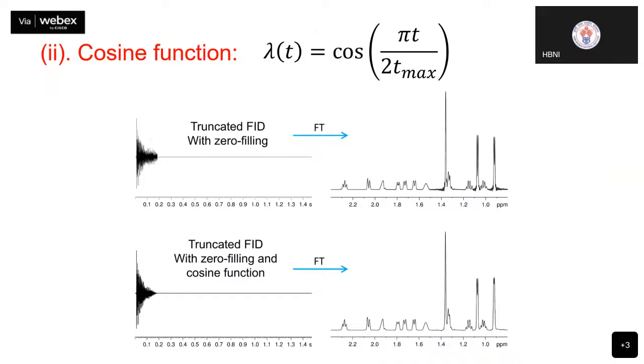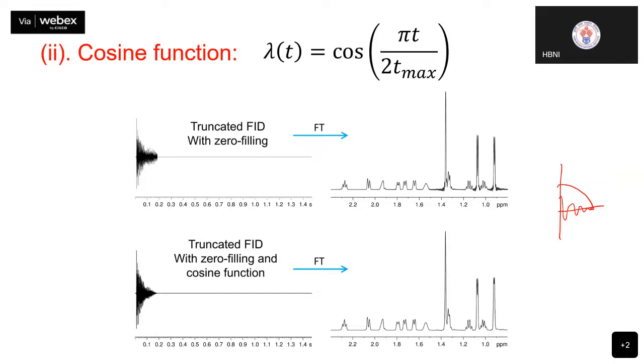When t is equal to t max, it is cosine pi by 2, right? Cosine pi by 2 is 0. Therefore, at the last data point, this window function comes down to 0. So it is a cosine function, and it comes down to 0 at the end of your FID. The FID is going like this, it exactly comes down to 0.